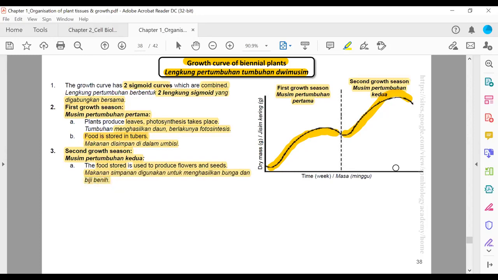So when it enters the second year, the excess food that is stored in the tuber will be used to produce flowers and seeds. Then after they produce the flower, the fruit and the seed, later they will die. So the fruit seeds will fall and then a new plant grows from there. So this is the growth curve of biennial plants.